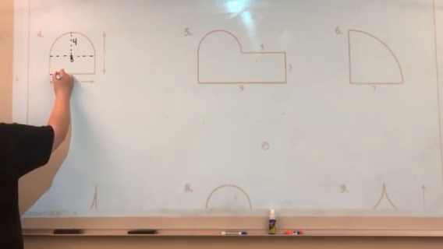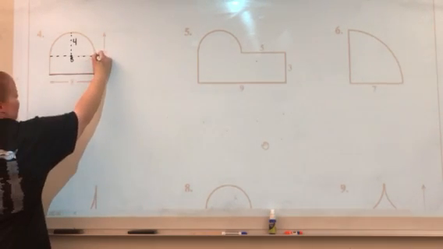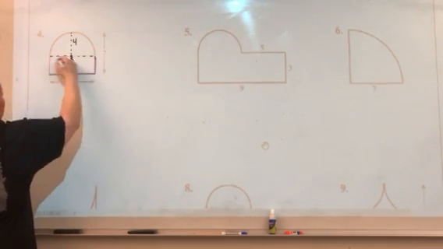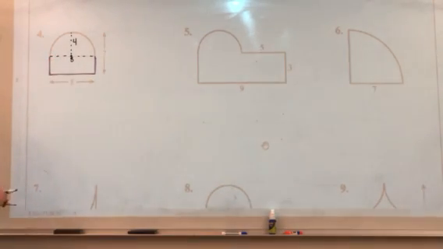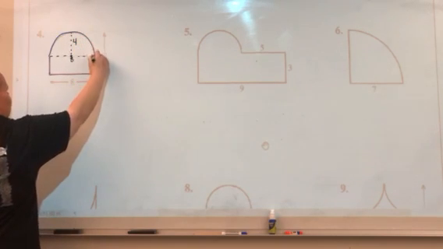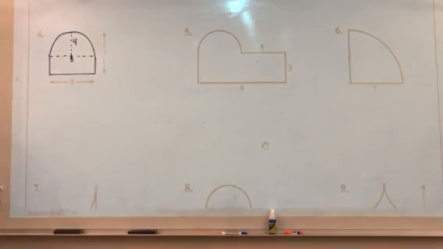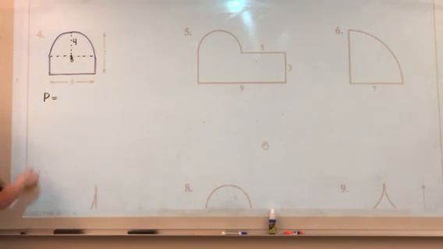I need the distance of this outside of the rectangle, and I need the distance around this half of the circle. Okay, so perimeter equals all sides added, right?